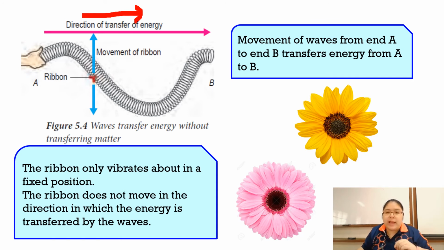So this explains the movement of the wave from end A to B, transferring energy from A to B. The ribbon only vibrates in a fixed position. The ribbon does not move in the direction in which the energy is transferred by the wave. So the ribbon never follows the energy transfer. It just moves at the same location, up and down.